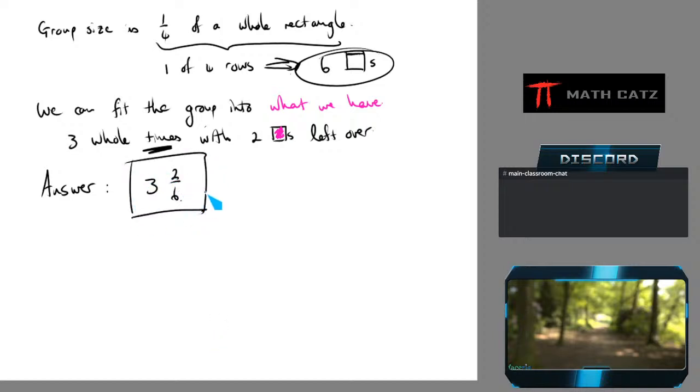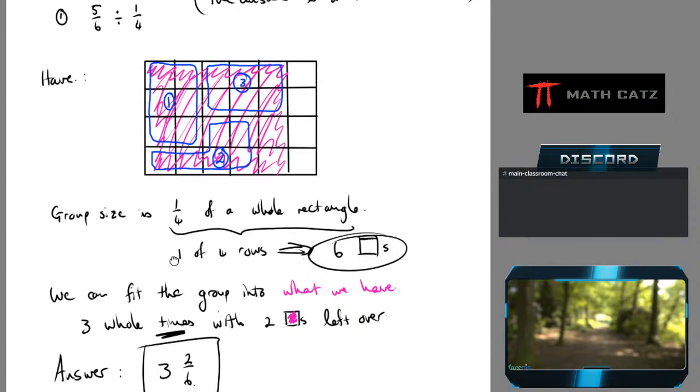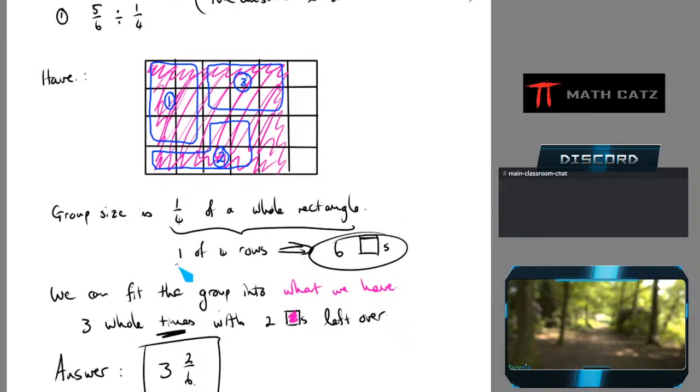Let's try and zoom out and see the whole thing. Sort of. I can do what they say I should do, this fitting in procedure, 3 whole times, and then another portion of a time, so to speak.